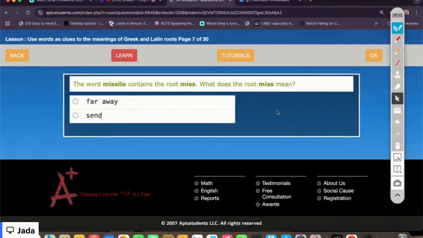Okay. So the word missile contains the root miss. What does the root miss mean?